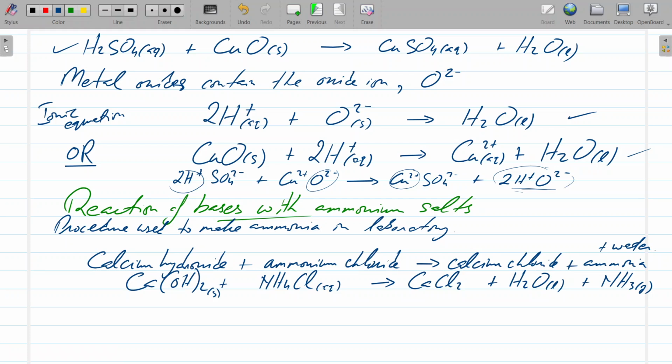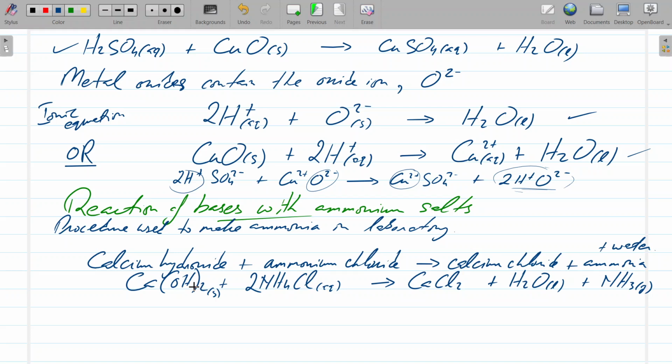On the reactant side there is one, and on the product side there are two. So we're going to add two over here. Now let's see. You've got one calcium, you've got one calcium. You've got two oxygens here, one oxygen here. So that's a problem.